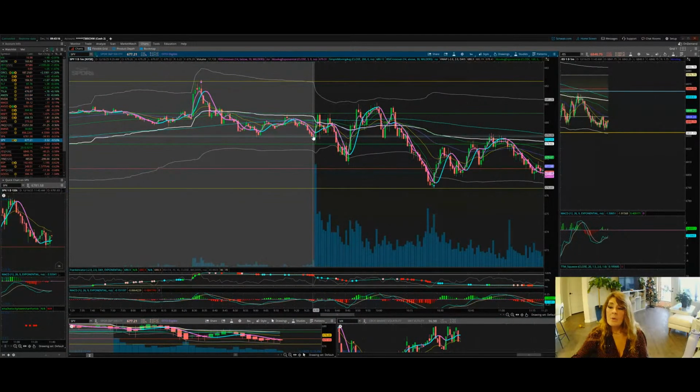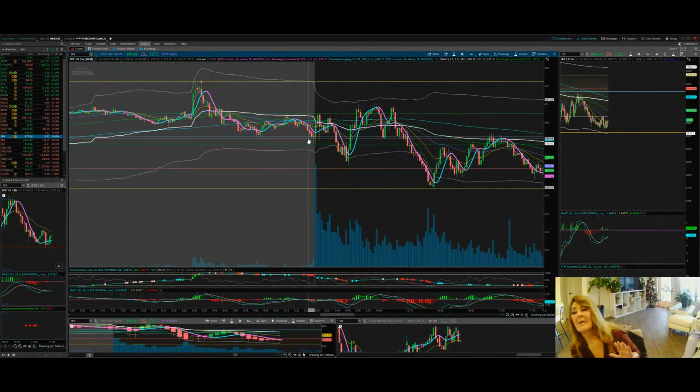Right here, where the background goes dark, is real-time trading hours. The gray background is pre-market. So data happened, boom, you can see that. Strong push, data pushed the market up, and then boom, we reversed all the way down. And then at the open, we went up, down, trying to just bait people in one direction or another.